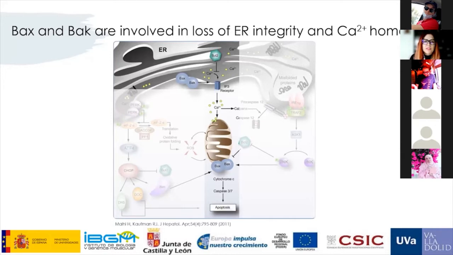One hypothesis is that Bax and Bak interact with the IP3 receptor and help calcium release from the ER to the mitochondria, because during mitochondrial apoptosis there is an overload of calcium. But in recent years, another hypothesis is that Bax and Bak can also create pores in the ER membrane and provoke the release of calcium from this store.